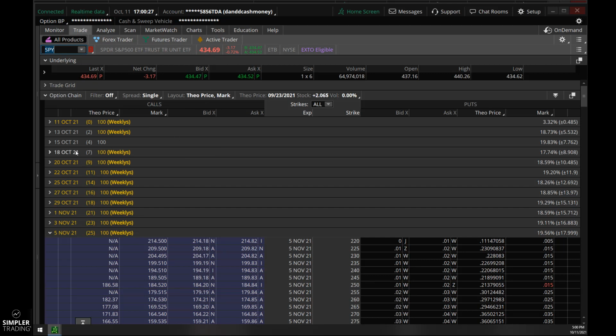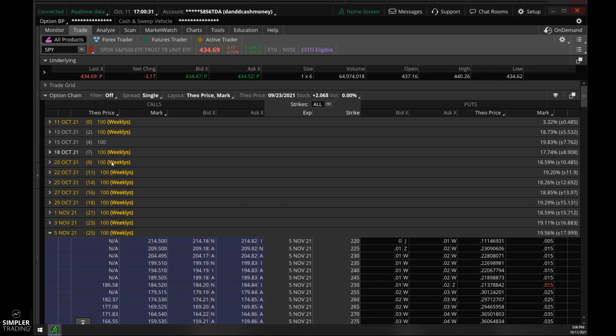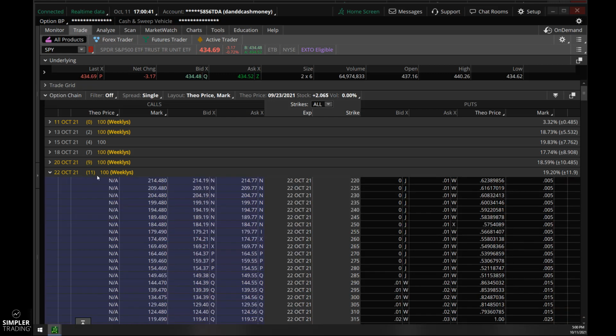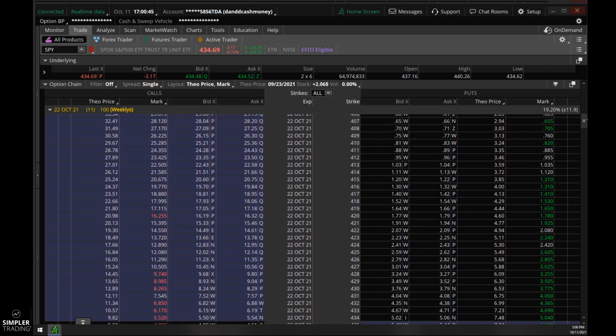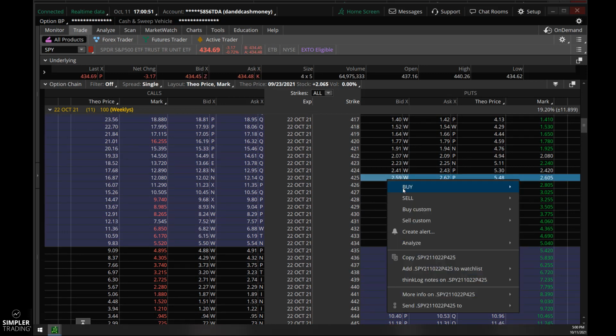Let's say it comes through. Yeah, that would make sense within the next, let's do it by the 18th, which would be Monday. If I give it a little bit more time to the 22nd, I think that would make sense because you have a $12 expected move in that time frame. So let's try looking at a 425 price target.